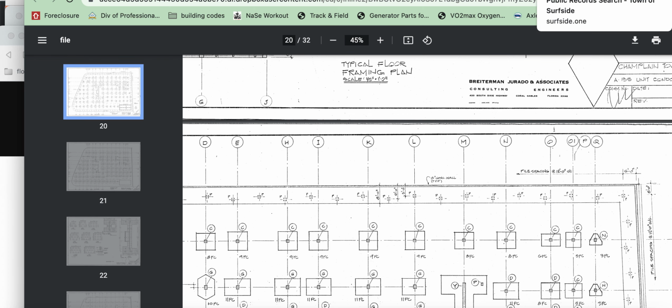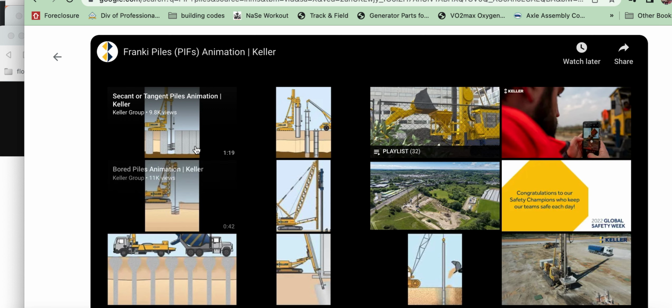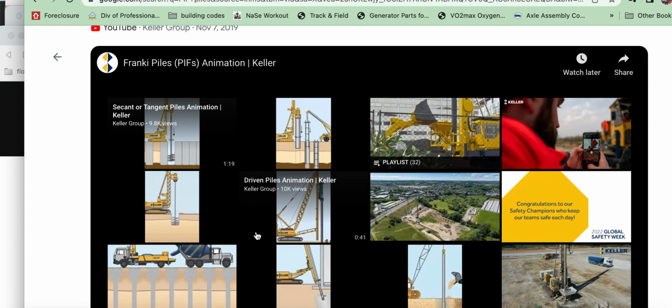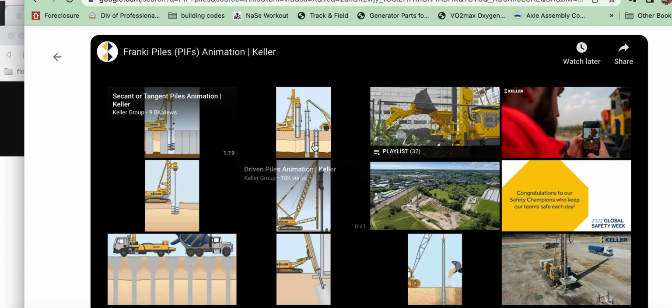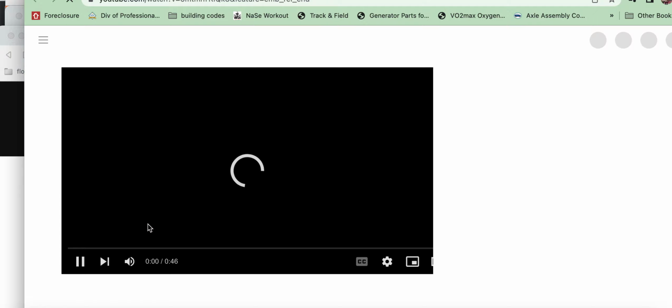Now I want to show you, if I can do this right. Here's my link. That's the drilling, but I wanted to show you this one, the pressure-induced footing. If this is the right one, I don't know.